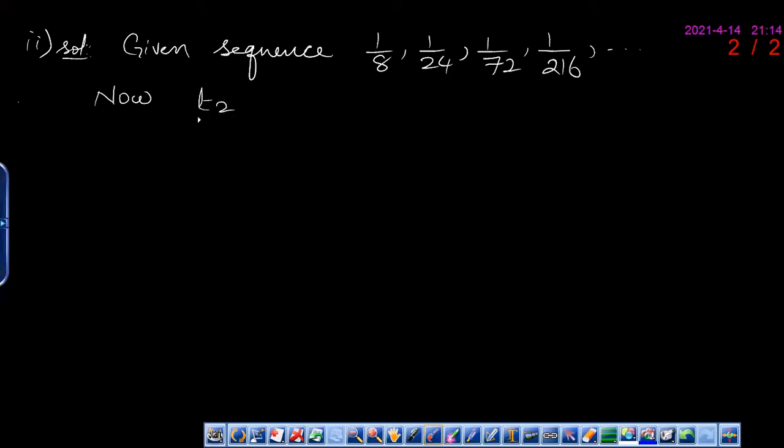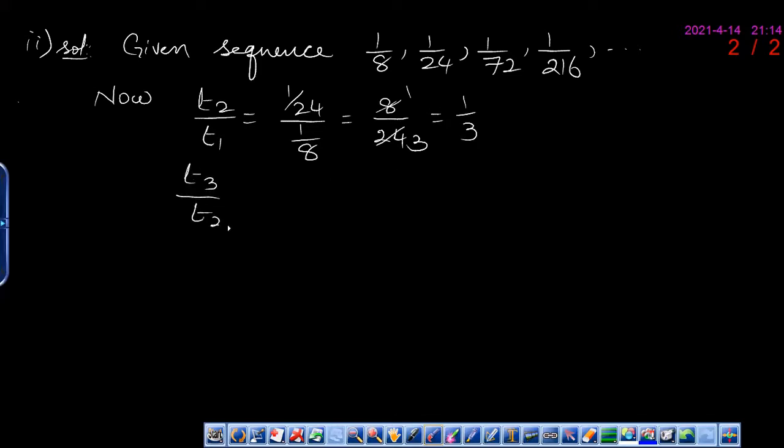Now we have T2 by T1 is equal to T3 by T2. So how much will you get here? Take the reciprocal: 8 by 24, which is 1 by 3. Tell me T3 by T2. 24 by 72, sir.